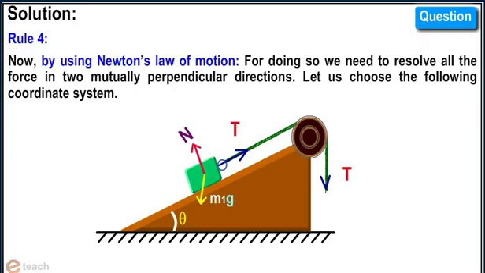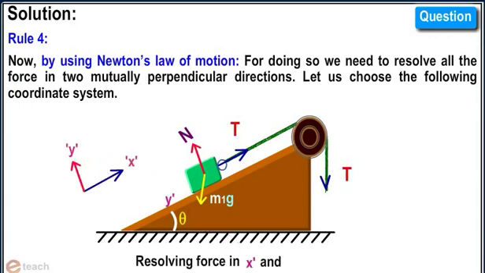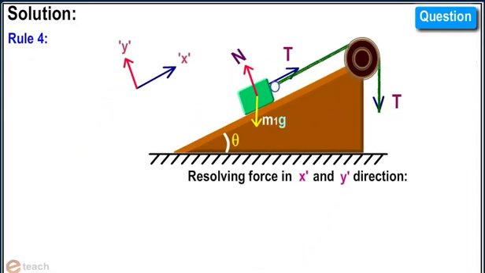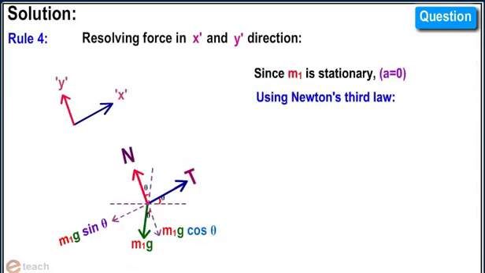Now, by using Newton's laws of motion, for doing so, we need to resolve all the forces in two mutually perpendicular directions. Let us choose the following coordinate system. Resolving force in x dash and y dash direction. Since m1 is stationary, acceleration equals 0.